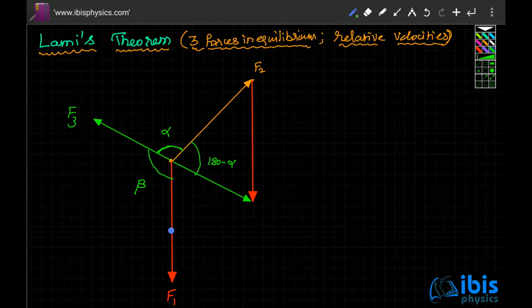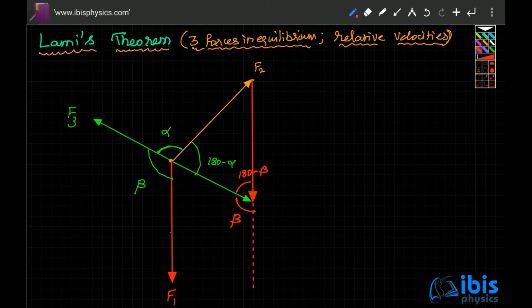We are going to draw the line over here using red. This line and these two are parallel, and this is a straight line. If this is beta, this is also beta. Then this is going to be 180 minus beta.